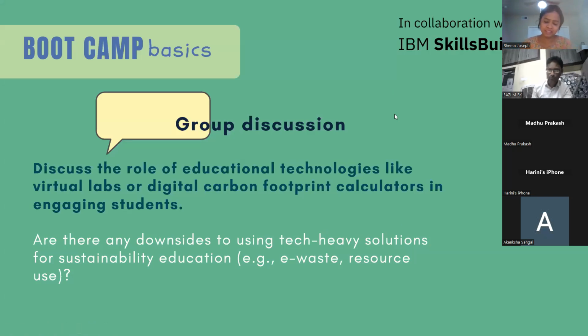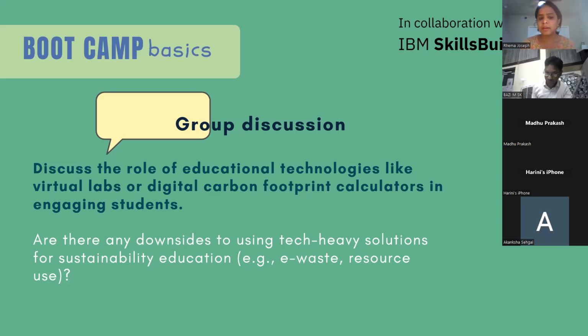So yesterday we did the group discussion midway after talking about the triple bottom line concept and all of that. But today we will start off with the group discussion and the reason why, which I'll be telling you eventually. So here's what we're going to discuss. And I think it's only fair that we also call this discussion a debate, because as you can see in the question, the first part talks about discussing the role of educational technologies like maybe virtual labs or digital carbon footprint calculators.